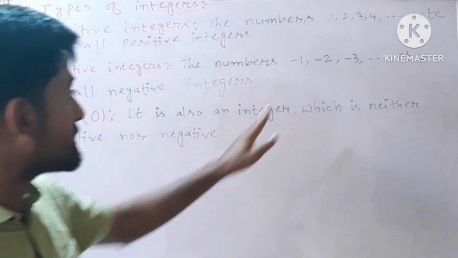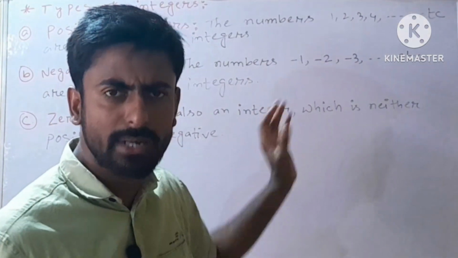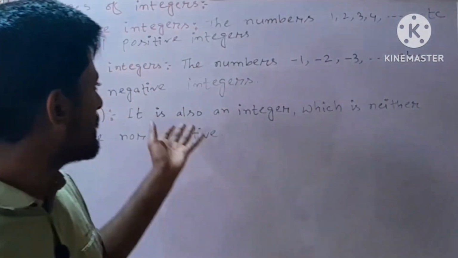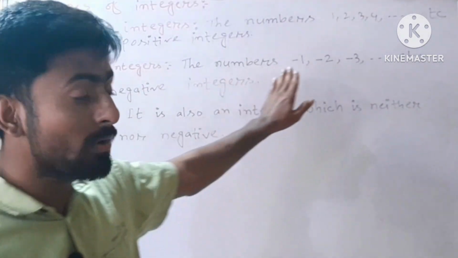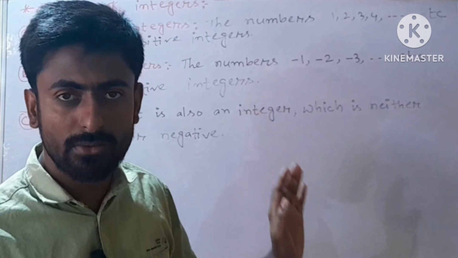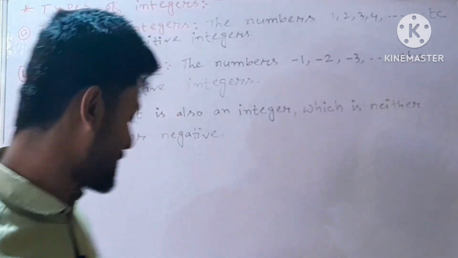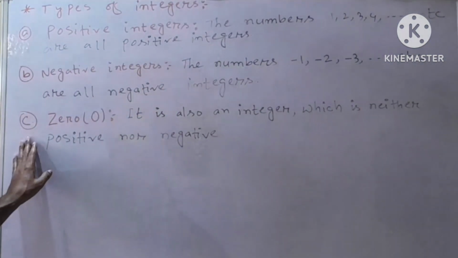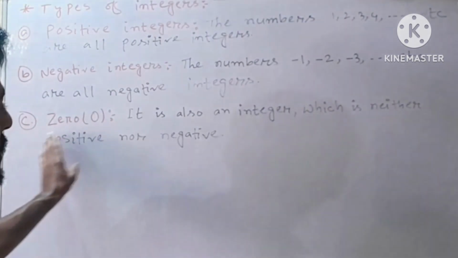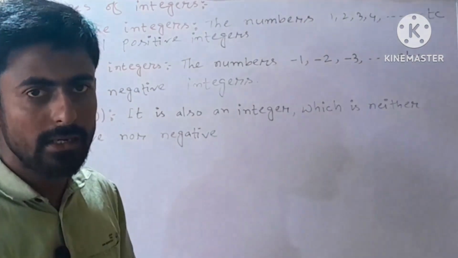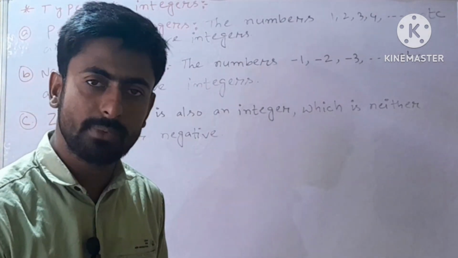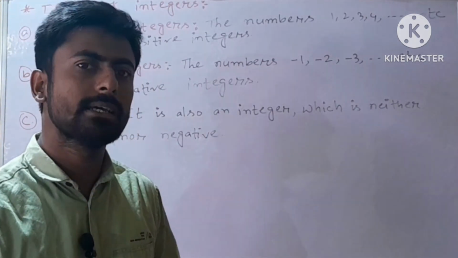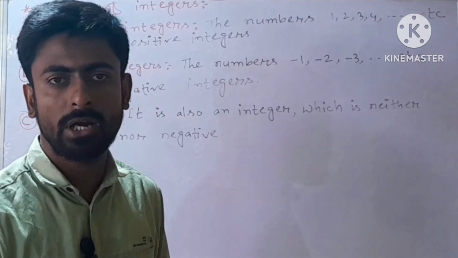That means if there is a negative sign, that means a minus sign, the number is a negative integer, and if there is no negative sign, then the number is a positive integer. Next, 0. 0 is also an integer, and 0 is neither positive nor negative. Remember, 0 is neither positive nor negative.